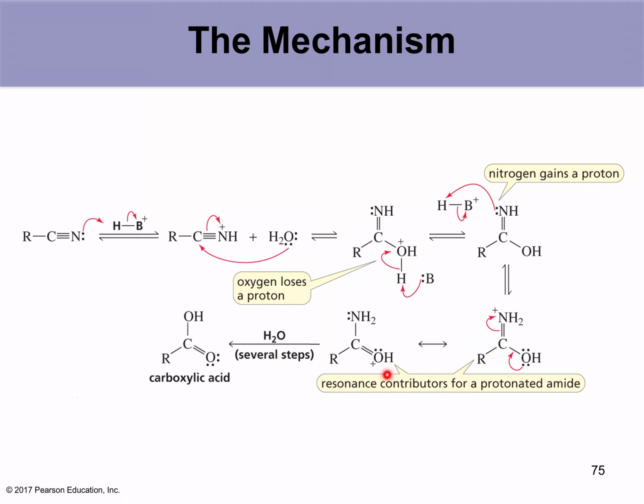Either one is fine, but this nitrogen will again gain a proton and become ammonia, and after several steps ammonia can be lost and then it forms the carboxylic acid. That is the mechanism of how a nitrile forms a carboxylic acid.